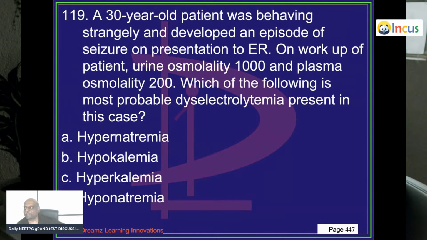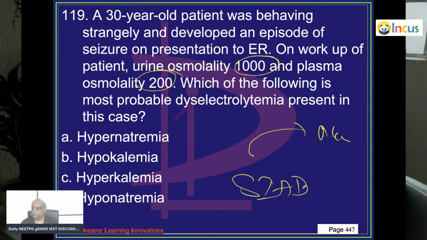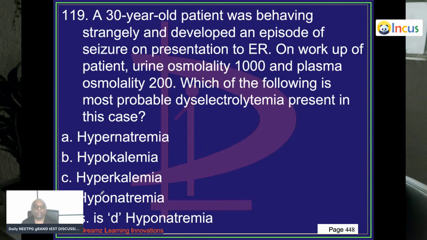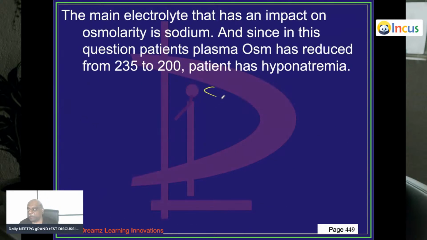A 30-year-old behaving strangely developed an episode of seizure. Urine osmolality is 1000, plasma osmolality is 20. What is the diagnosis in this case? Urine osmolality is high, plasma osmolality is low. That means more water is reabsorbed into plasma. So that means it is SIADH, antidiuretic hormone. What happens in SIADH? Hyponatremia. Why?